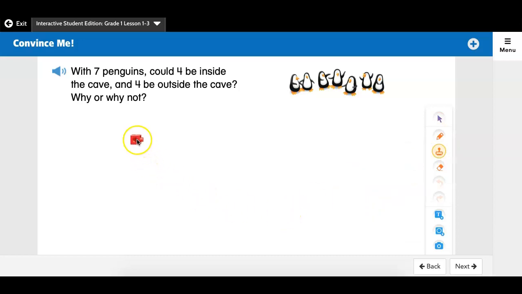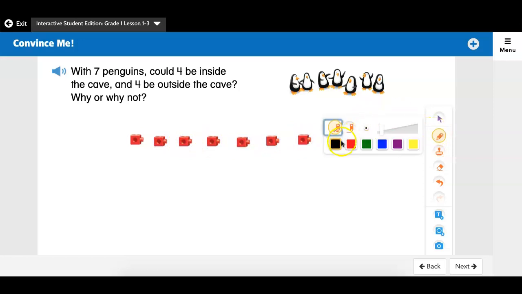So if I have 7 penguins, 1, 2, 3, 4, 5, 6, 7. Okay? So my Convince Me is asking me, could 4 be inside the cave and 4 be outside the cave? Why or why not? Let's see.